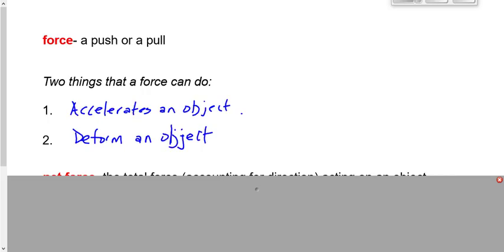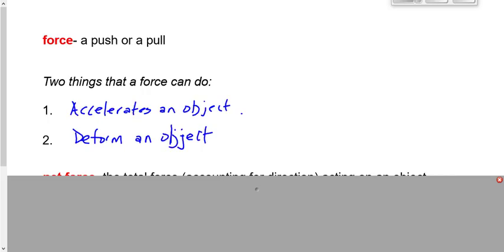A golf ball. Do you know that a golf ball, when it's sitting on a tee, if you hit the golf ball, let's say you're a good golfer, and you hit it 250, 300 yards. Do you know that if you took super slow-motion video of the golf ball, not only does it accelerate at an incredibly high rate as it's hit with the club, it also deforms.